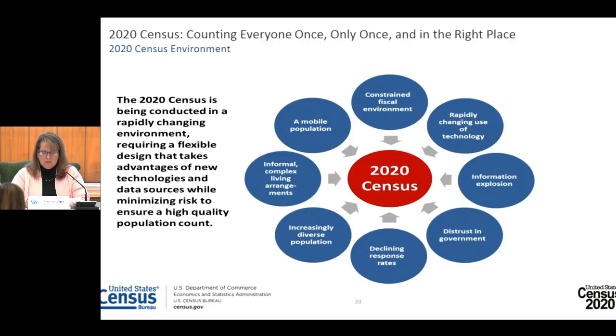These are the hard to count. To a certain extent, any deviations taken from the traditional or the ideal response and enumeration path can be seen as an effort to encourage response and participation from someone who might not otherwise respond to and be counted as part of the 2020 decennial census.